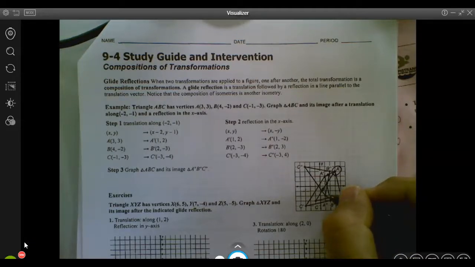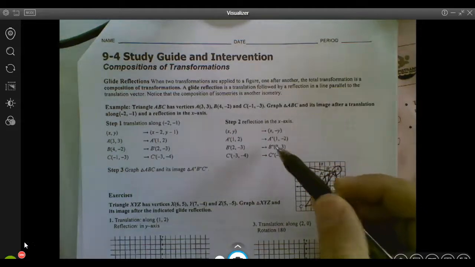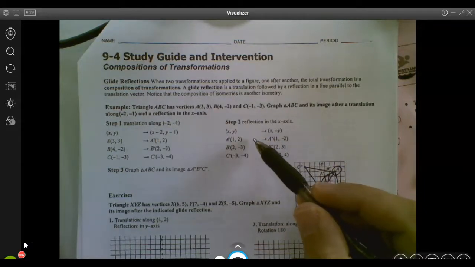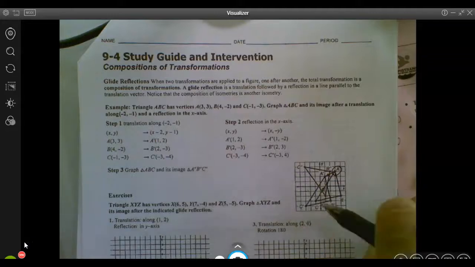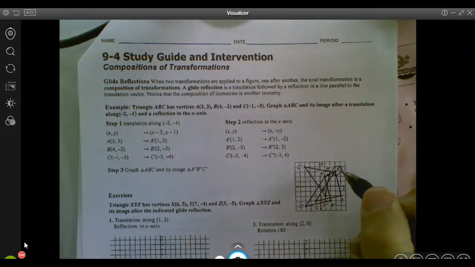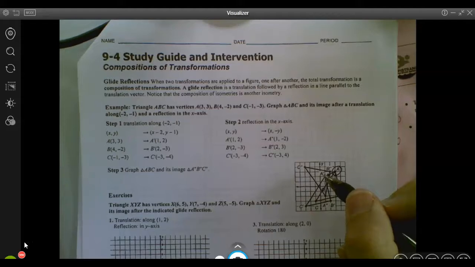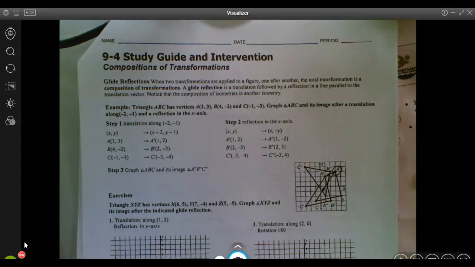Notice on this graph, to show the difference in the points, after the second move they now put a double prime, so 2 prime marks to show that it's the second transformation. That's how you can always distinguish between the 3 points: A is the original, A prime was after the first transformation, and A double prime was after the second transformation. So this is where we're going to end up.